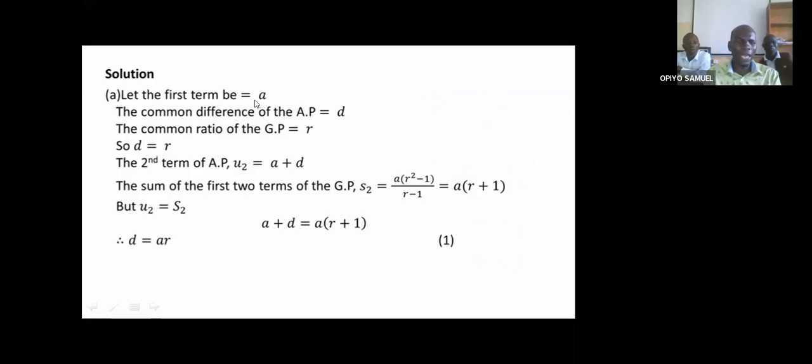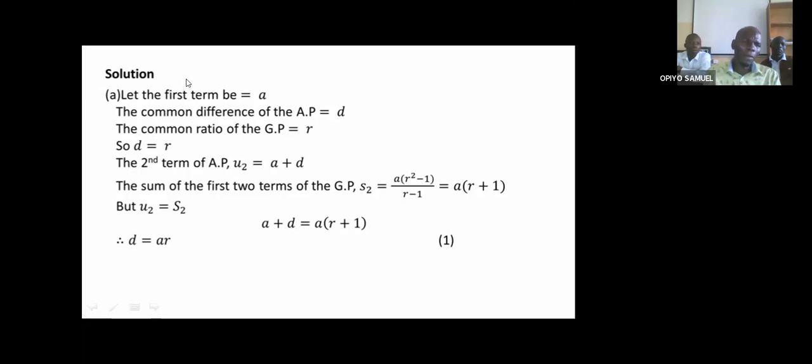The common difference to be d for the AP, and common ratio for the GP to be r. And when you follow the problem, the common difference is equal to the common ratio. So d equals r. This is an important equation.